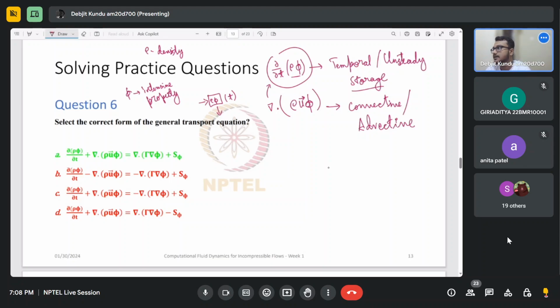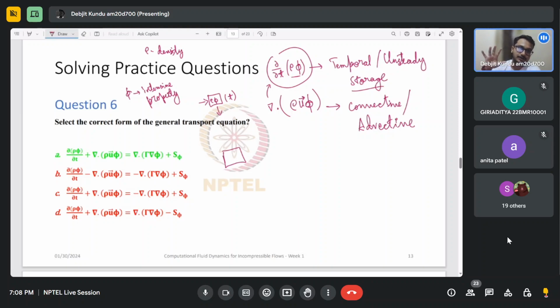Another way is that even in the absence of flow, if there are concentration gradients, there can be diffusion, right? Like in Fickian diffusion, which we have learned for any species concentration. Similarly, heat can also diffuse out, which happens in conduction.